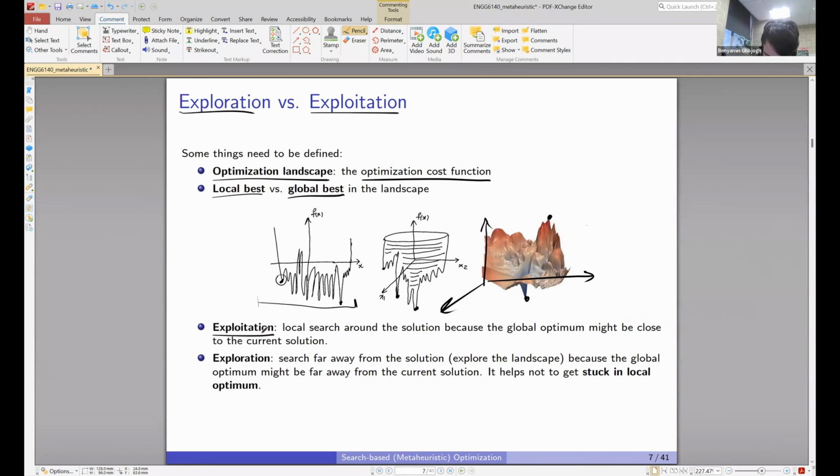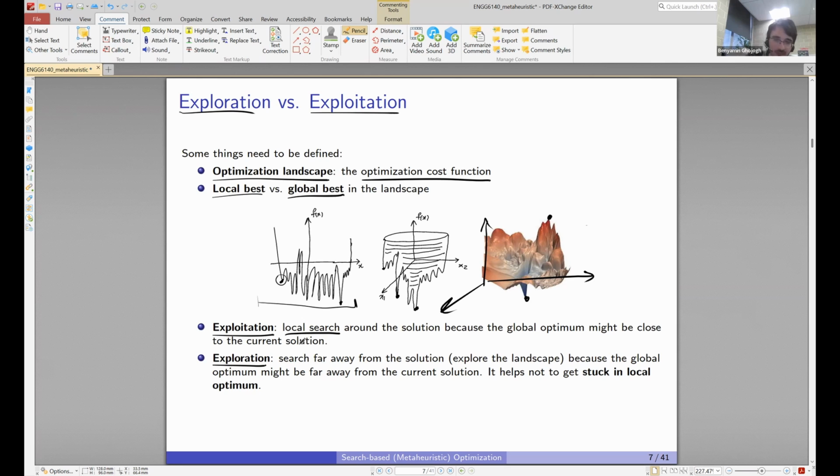Also, we have exploitation and exploration. Exploitation relates to local search around the solution, because the global optimum might be close to the current solution. So most of the metaheuristic algorithms have a local search. They say, okay, I have some particles or solutions.